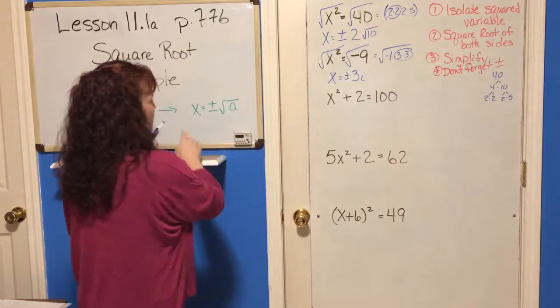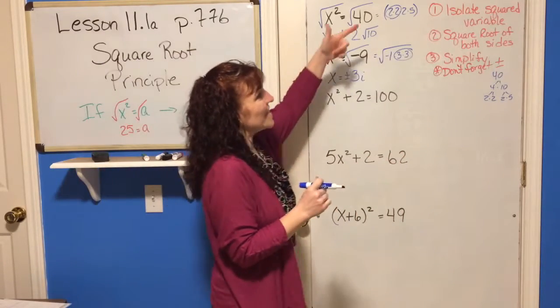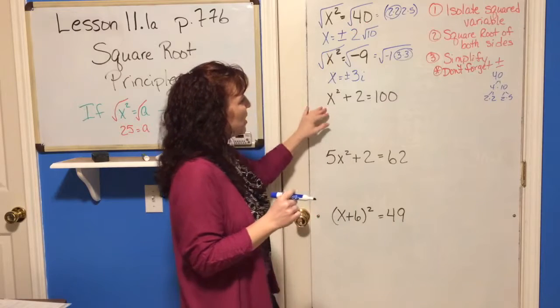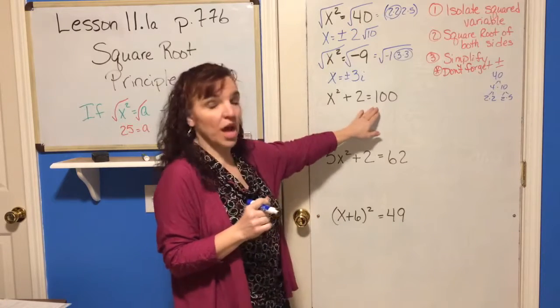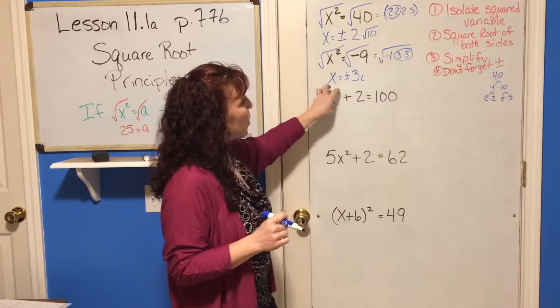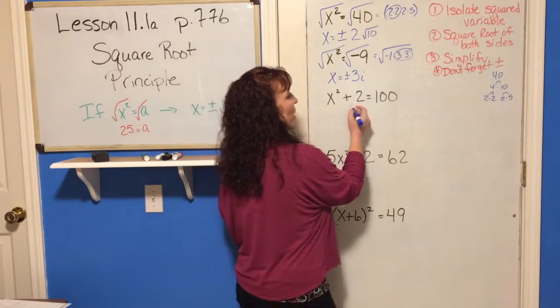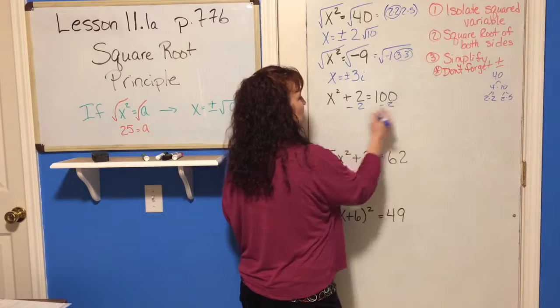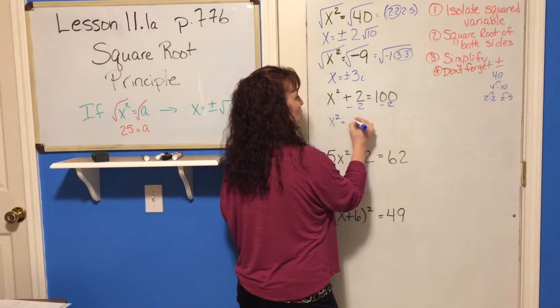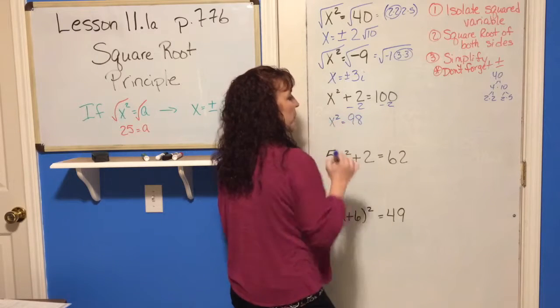Okay, let's do another one, a little bit more difficult. Step 1 said to isolate the squared variable, and here we've got x squared plus 2 equals 100. We have to get the squared term by itself first, so we subtract 2 from both sides. So x squared equals 98.